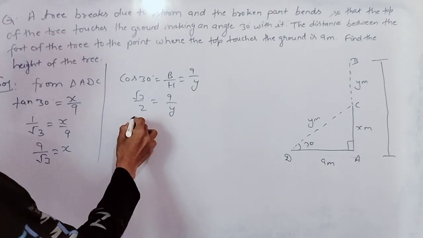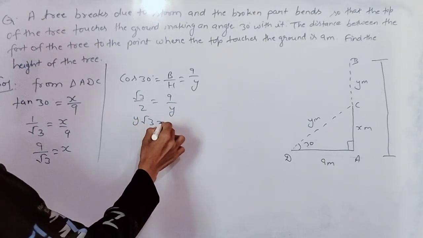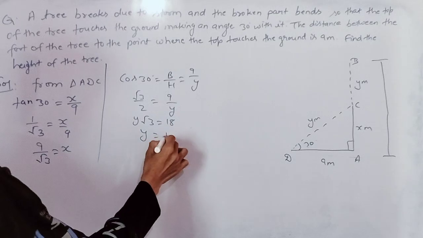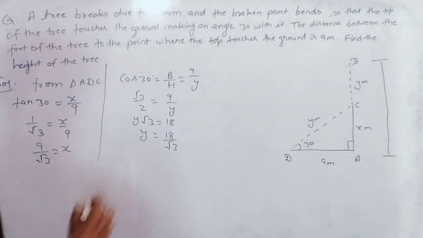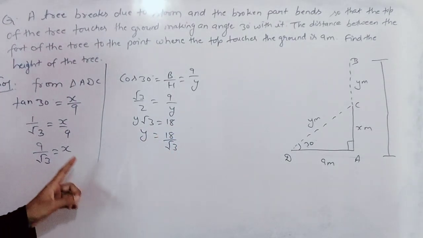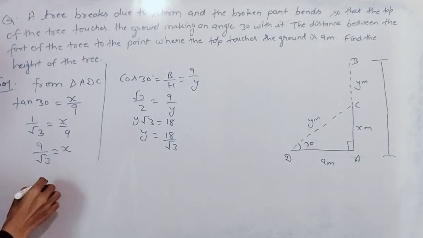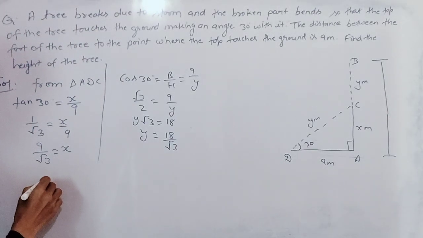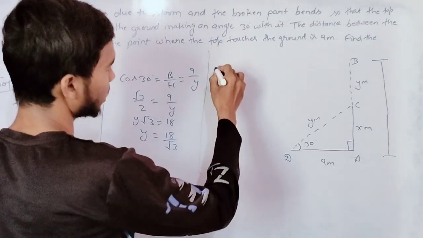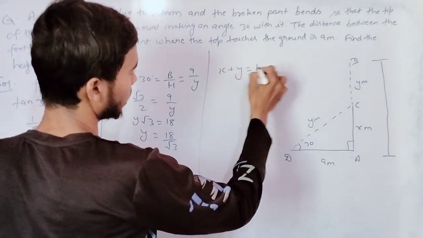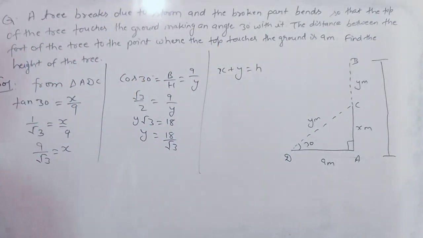Now y root 3 is 18, so y is equal to 18 upon root 3. When we add this and this, we will get the height. So x plus y is the height of the original tree.